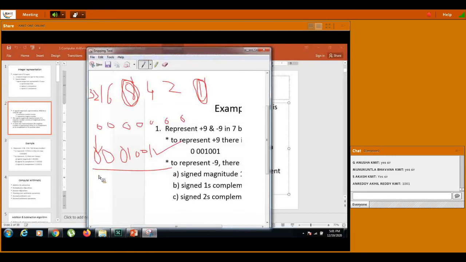But if you represent it as 1 0 0 1 0 0 1, now this is a negative number, nothing but -9. And this is +9. Got it? Understood, right?